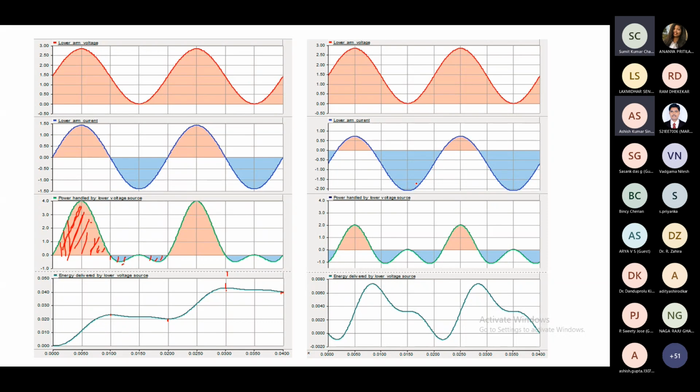That will be self-adjusting. Because of this offset, now you see this is the charging area and this is the discharging area, and they are getting equalized.